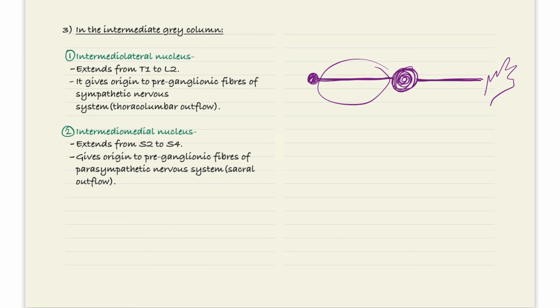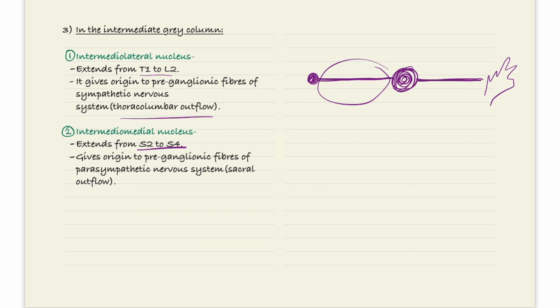Sympathetic nervous system is associated with the fight and flight functions, that is functions in emergency, like in fear, in anger, etc. Then intermediomedial nucleus, it extends from S2 to S4, the sacral outflow, and the T1 to L2 of the intermediolateral was thoracolumbar outflow.